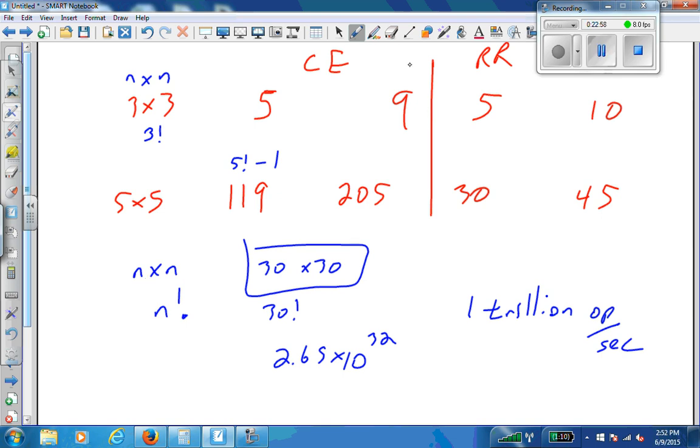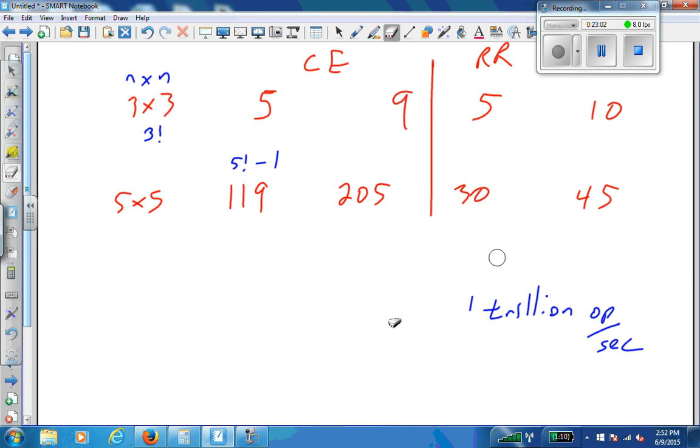Whereas on the other hand, if you had a 30 by 30 and you put it in upper triangular form by doing row reduction, that is something you could do by hand. And I mean, it would take you a little while, but you could do it in a day easily, not faster. A computer could do it in a few seconds.